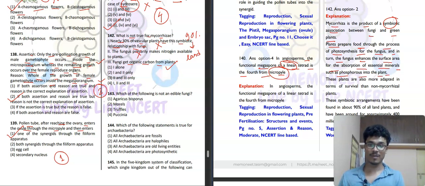So the statement that the fungus primarily makes the nitrogen available to plants is not correct. These plants are also more adapted in terms of survival than non-mycorrhizal plants. You can just see that 90% of the land plants have this. So it is not true for the first and second. So the second option will be our correct answer for this question.